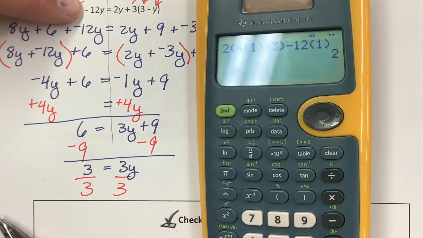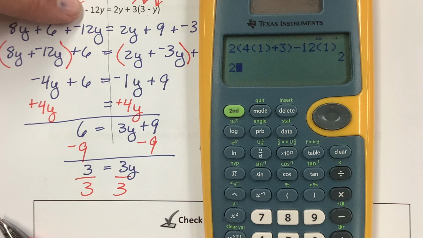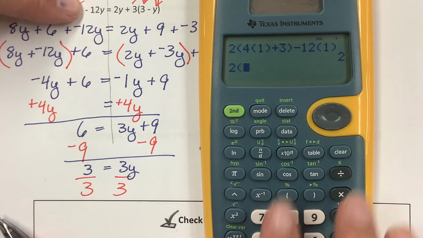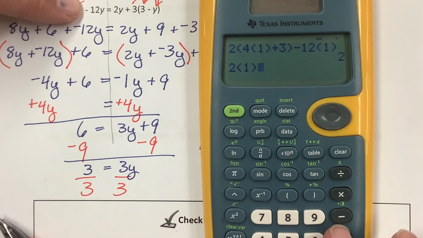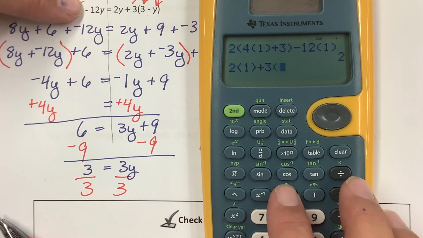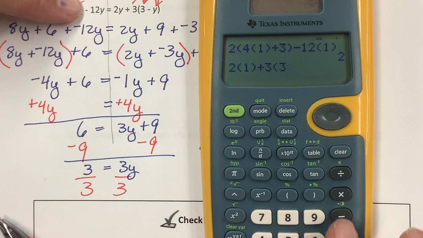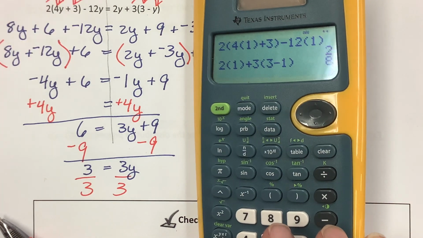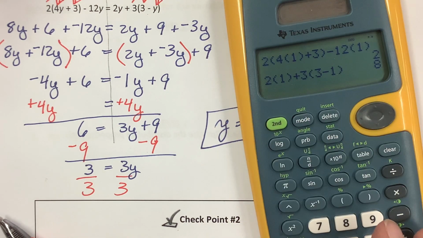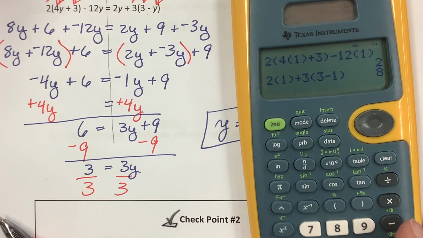And what do I get? 2. Okay. 2 times 1 plus 3 times 3 minus 1 is, wait a second. Now I have 2 and 8. That's just as bad. My oh my.